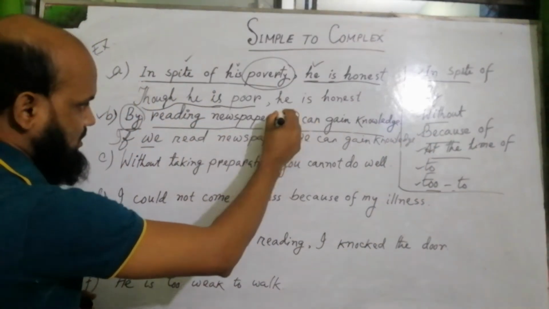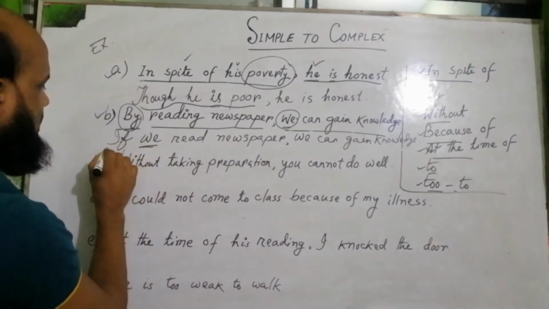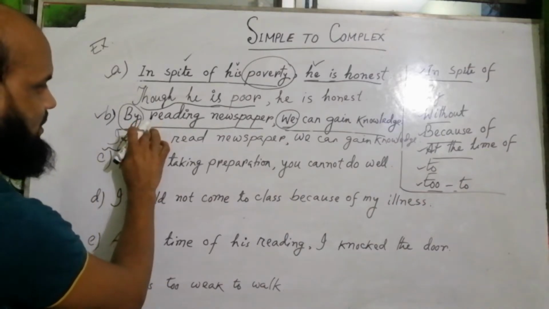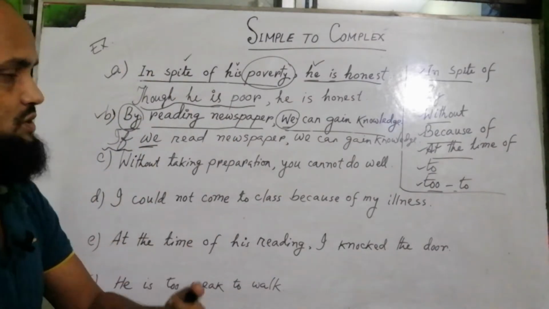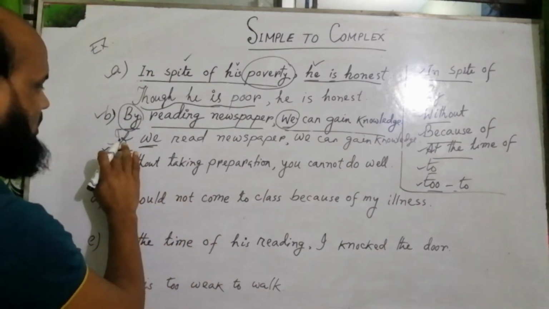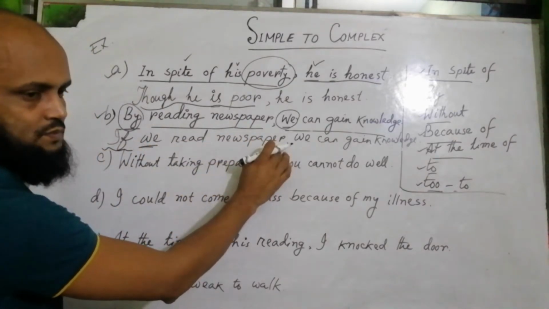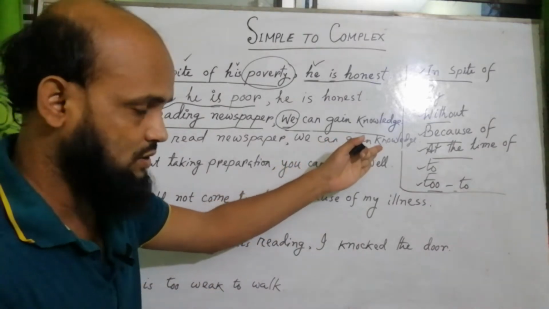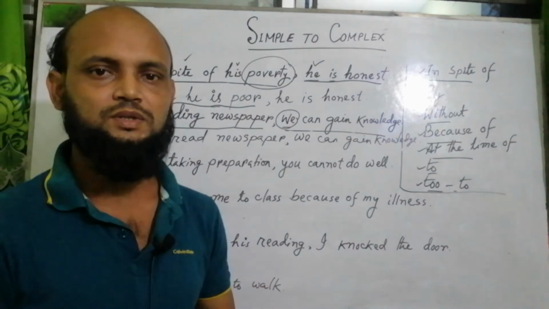So the subject, we must write a subject in clause, and if is the beginning, because by. If you see by, and when you are going to change it into complex, you have to write an if. If we read newspaper, and this is the condition of gaining knowledge. If we want to gain knowledge, we need to read newspaper.